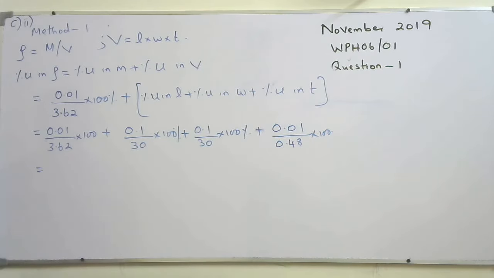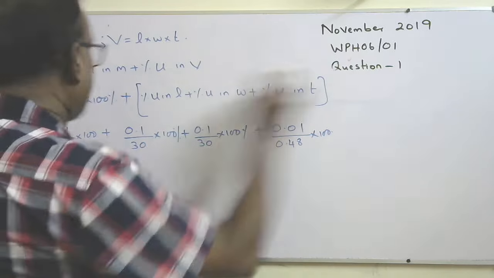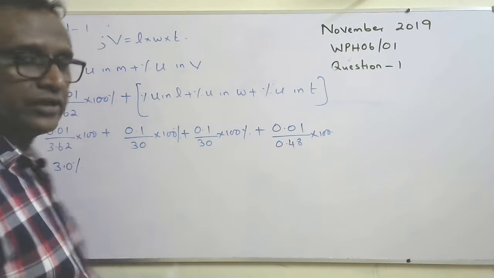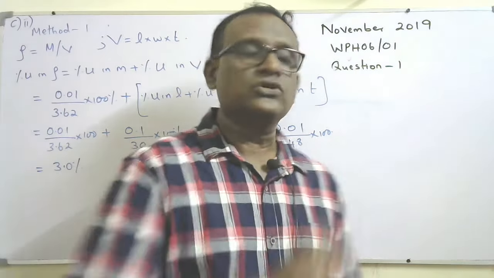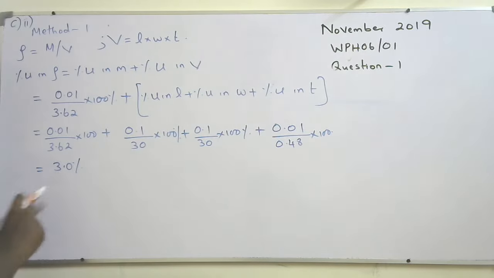The percentage uncertainty will finally be 3.0. If you solve this first and add it, you will get 3.1. Don't worry about it, we'll solve together. So you'll get 3.0 percent. Right, so uncertainty in density.